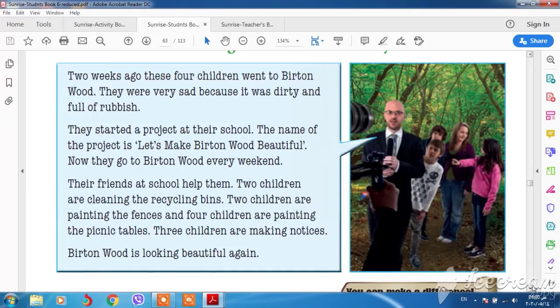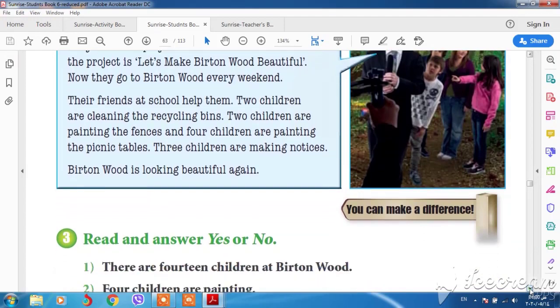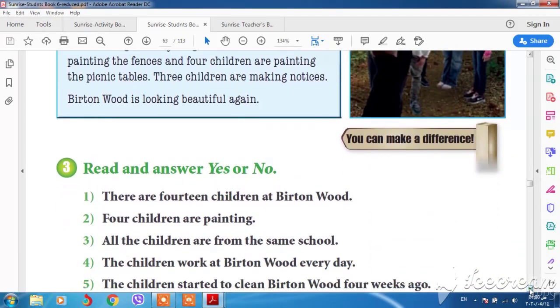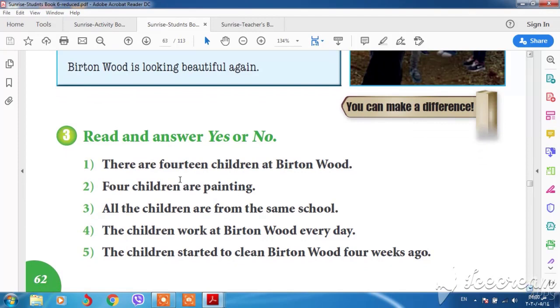Okay, let me ask you some questions. Read this paragraph carefully and answer yes or no. Okay, number 1, there are 14 children at Burton Wood. Yes or no? Of course no, because we have 4 children in Burton Wood. Number 2, 4 children are painting. Yes or no? Yes, of course yes, because in this picture we have 4 children.